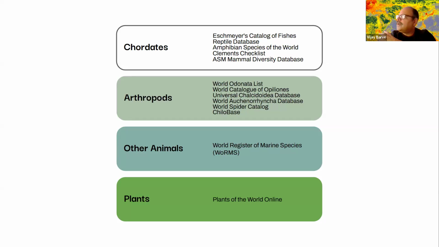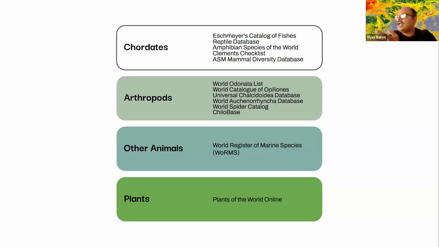So all these authoritative lists are being imported by iNaturalist on a regular basis, so that it serves as a backbone. Obviously, for plants, there is POWO, which is one of the most comprehensive lists currently.